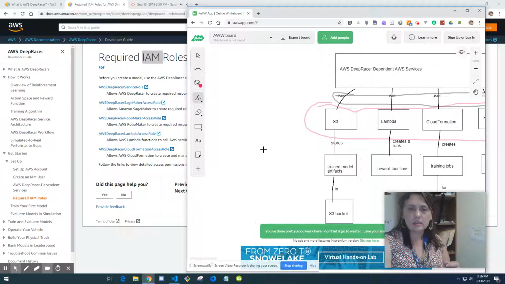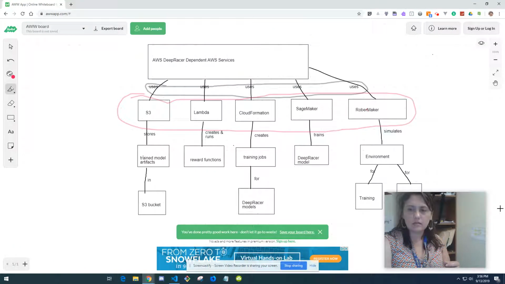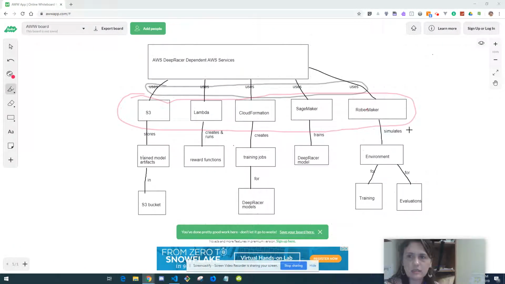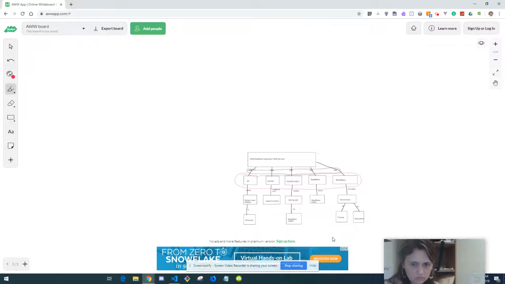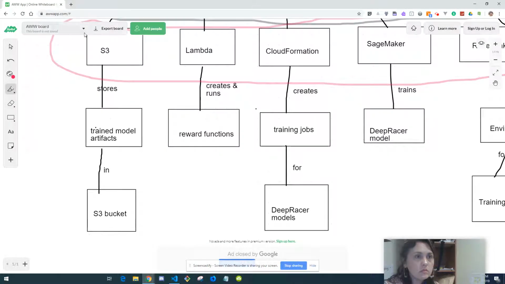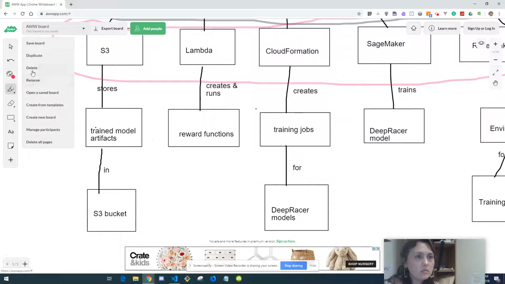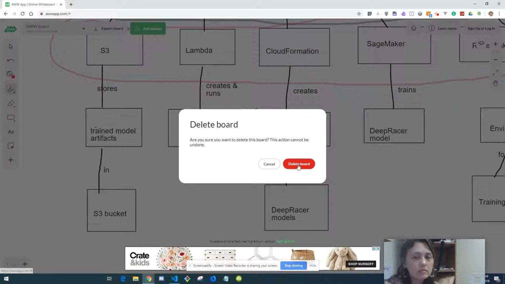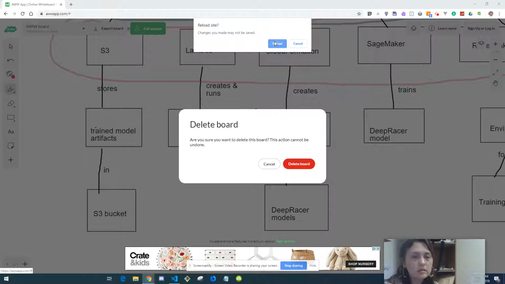And let's see, how do I erase this easily? Delete. Okay, let's go with delete.